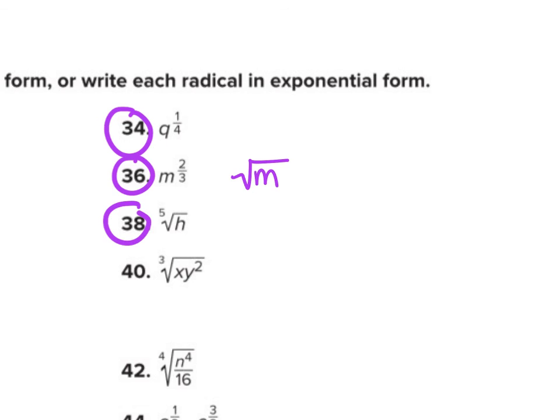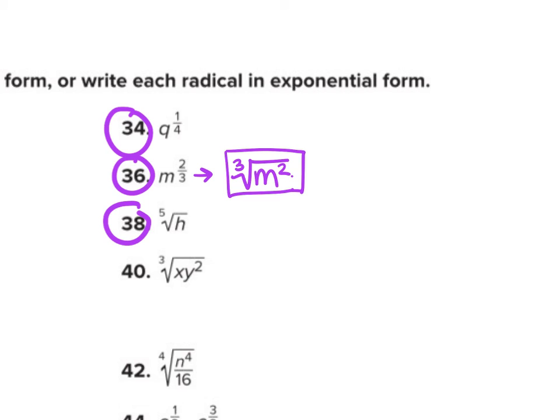Which number stays inside? Which number goes out? Top stays, so the 2 stays. 3 goes outside. Perfect. Now, if this were a 1, I don't have to write it, but 2 I do. And if this number were a 2, I wouldn't have to, but 3 I do. So that's kind of tricky there. So 36 is done.